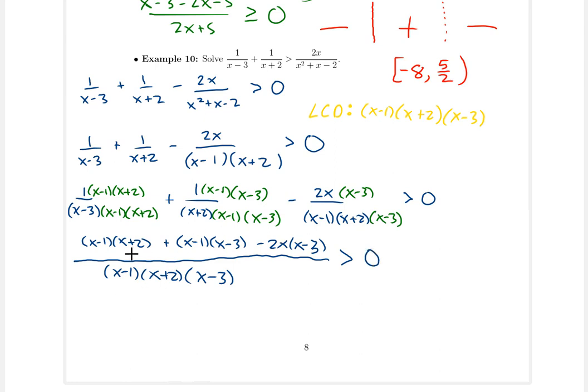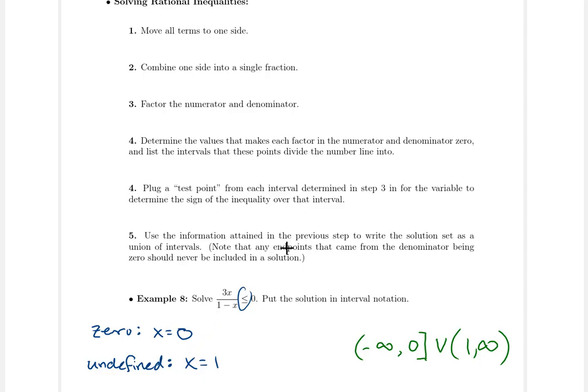And then we have to clean up that top, right? So going back to this previous page here, it says, let's see here, where are we at?